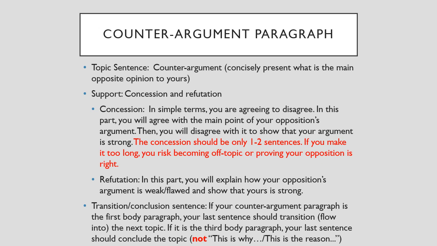Okay? And then you are going to take that information, and then you are going to, because it's your friend, concede and say, okay, I can see your point on that, but, okay, and then you're going to disagree with your friend, and then you're going to give your reason as to why your friend is wrong. Okay? That's an argument, guys.